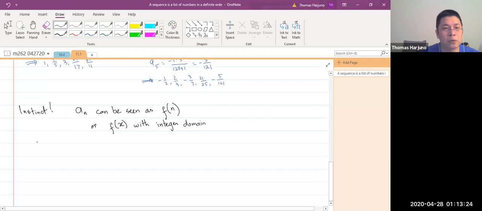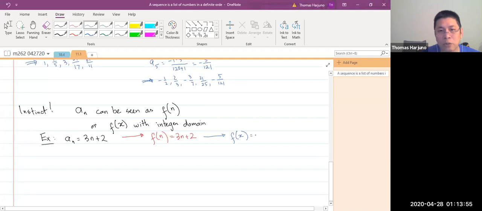So for example, if I have A sub n, the general term is 3n plus 2, you can think of that as Fn equals 3n plus 2. Or to go even further, you can imagine this is Fx equals 3x plus 2, okay? But the x has to be a positive integer.